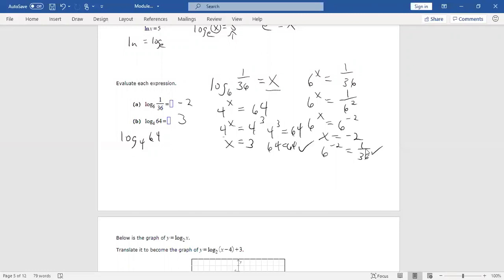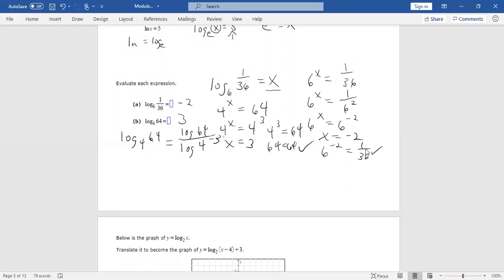And in the change of base formula, we can find our answer by taking the log of 64 over the log of 4. So if you put that in your calculator, you'll get the answer to be 3.